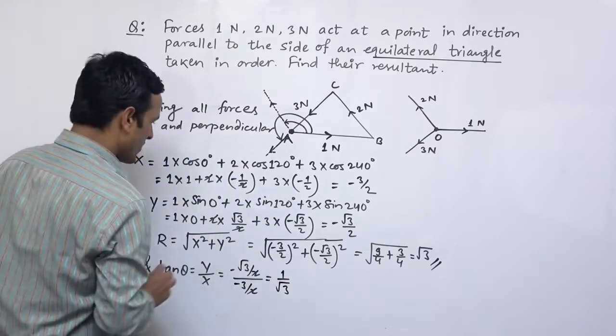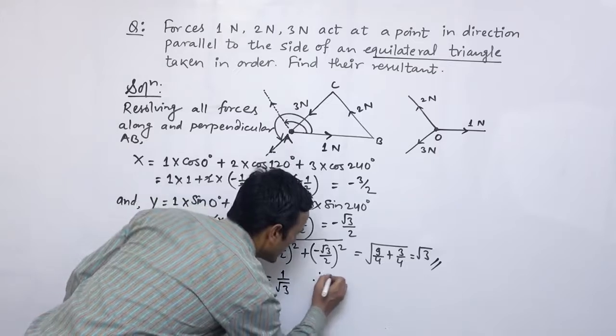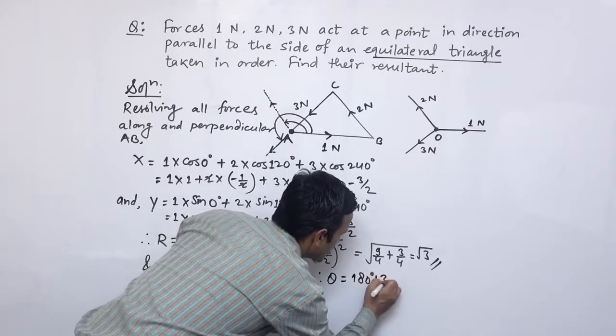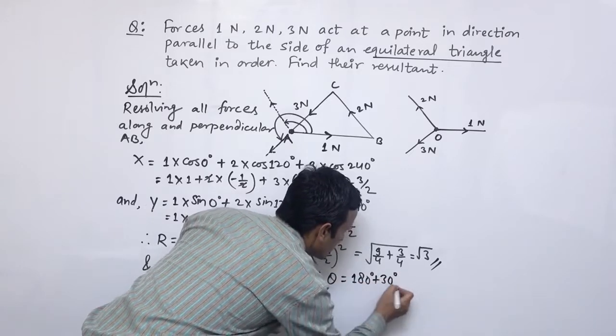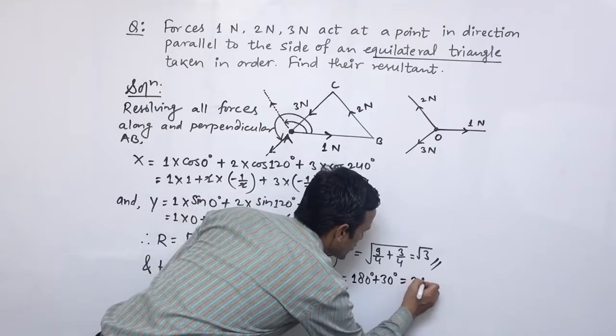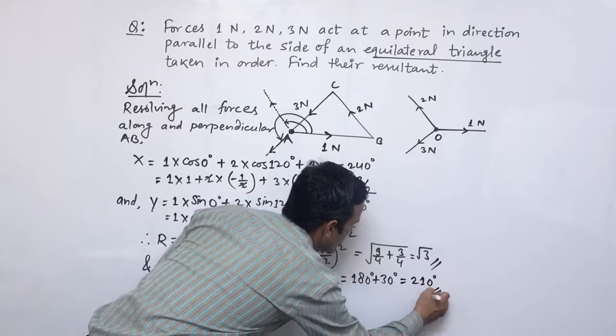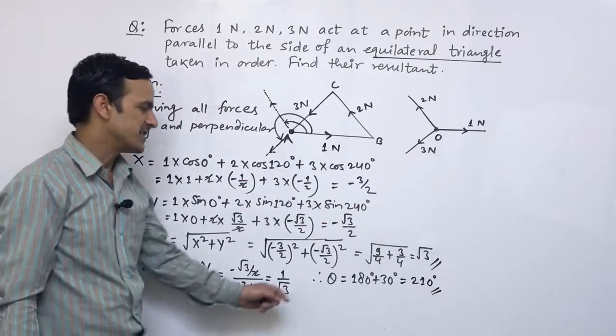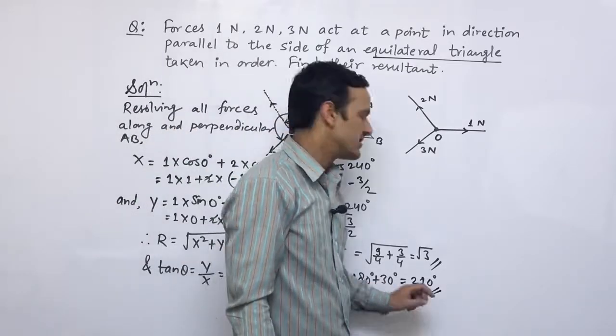Therefore theta is equal to 180 plus 30 degrees, which is 210. So the angle made by the resultant with the x-axis is 210 degrees.